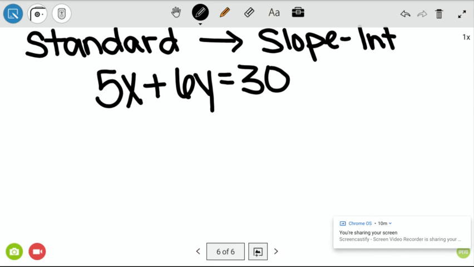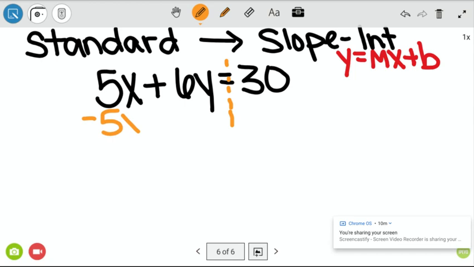All right, now slope-intercept is y equals mx plus b. So our ultimate job is to get the y by itself. So let's just go back to what we did in indicator 3. We like the variable on the left we're solving for. So we want 6y by itself. So to move the 5x to the other side, we're going to subtract it.